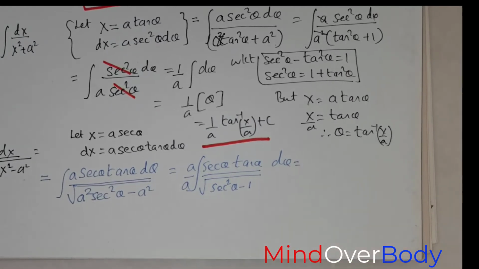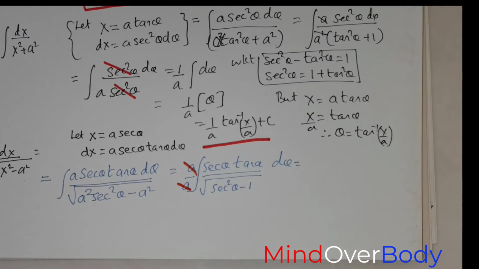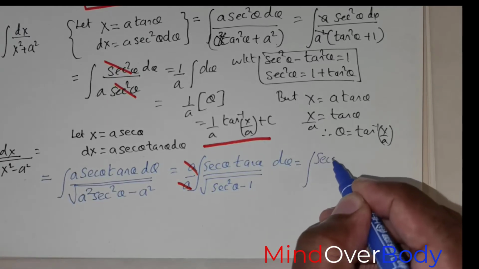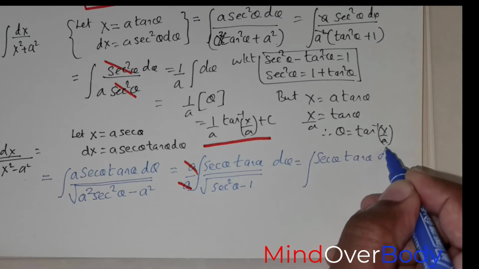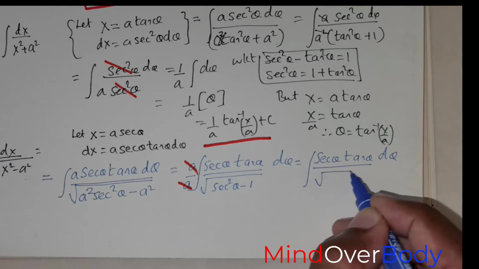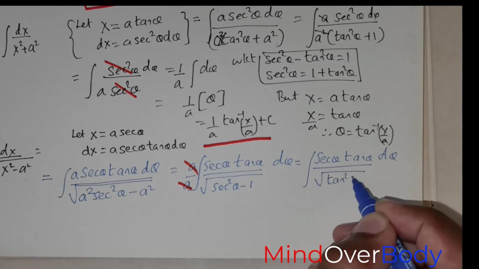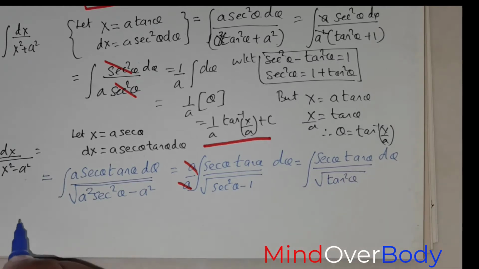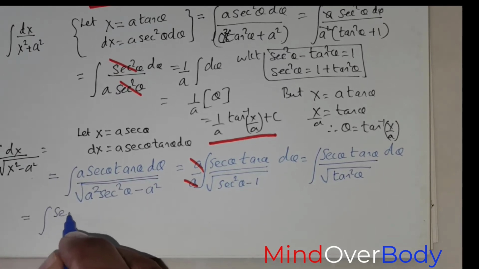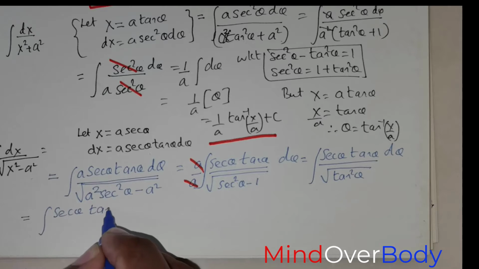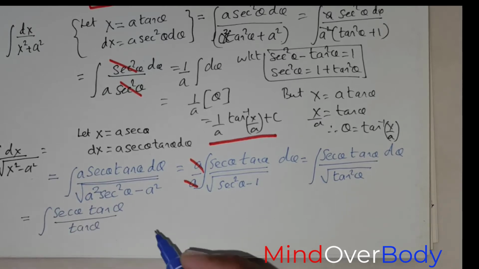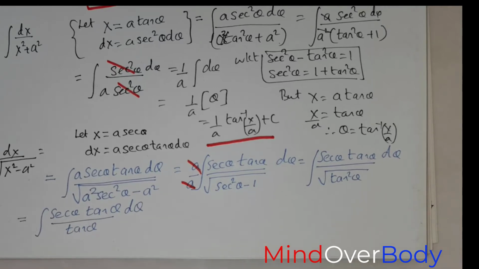So I can clearly cancel the a out. And then this is going to give me integral secant theta tan theta d theta over the root of tan squared theta. If you take the square root, this is equal to integral secant theta tan theta divided by tan theta, d theta.